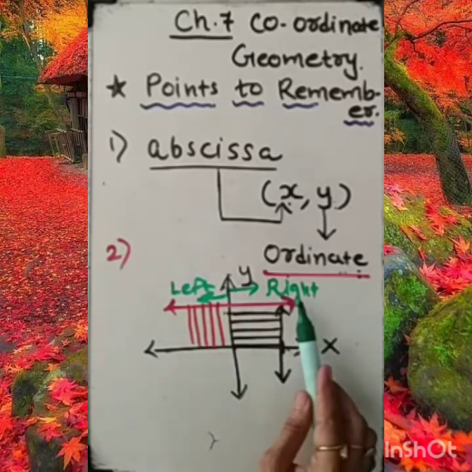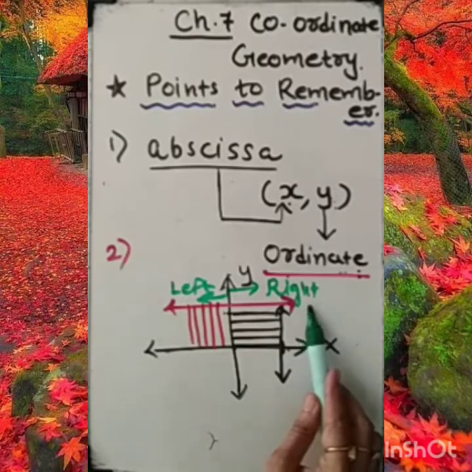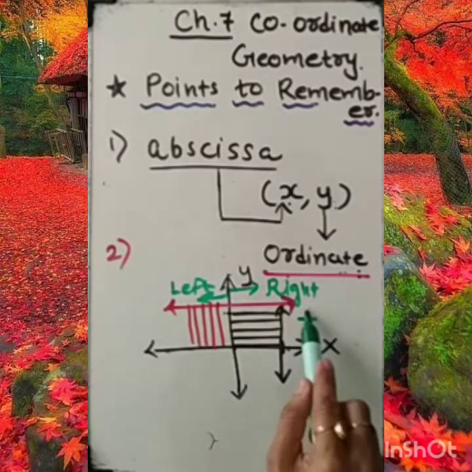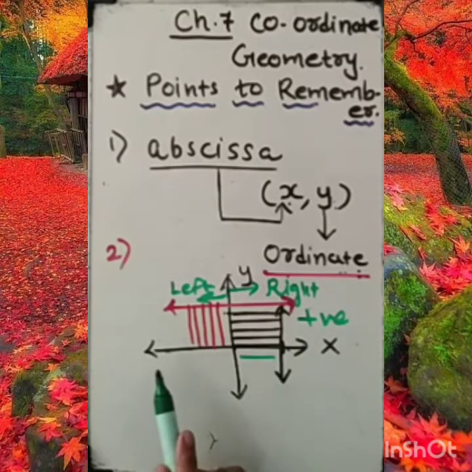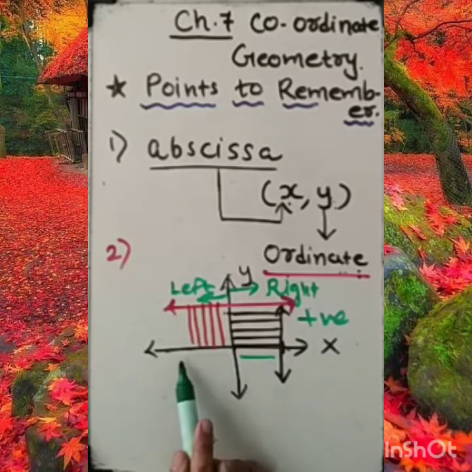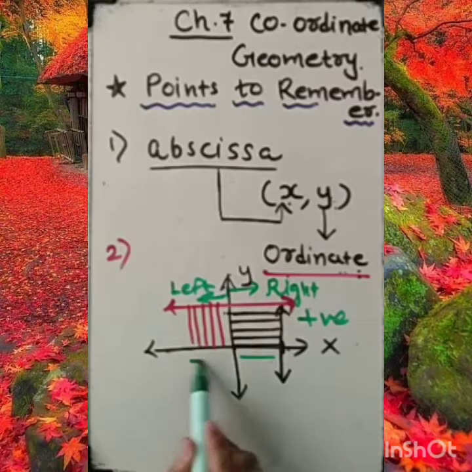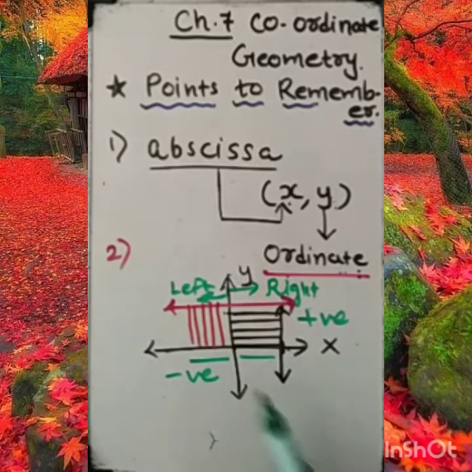So dear student, the right side of the y-axis is positive. We know very well, this side it is positive. And the abscissa on the left side of the y-axis must be negative. That is understood.